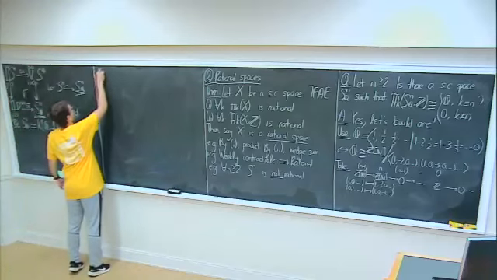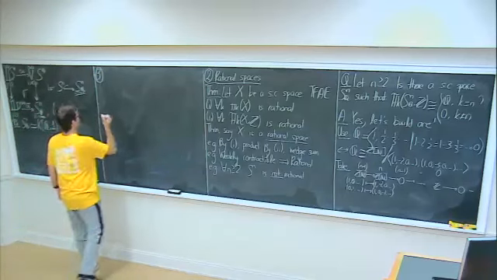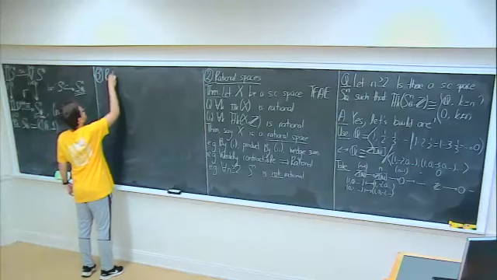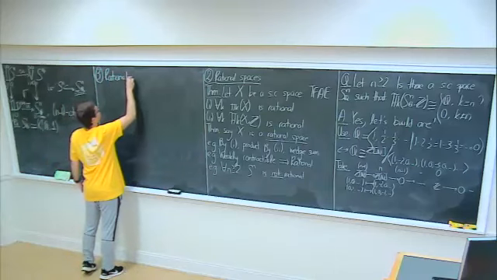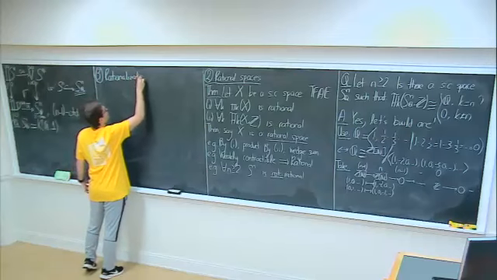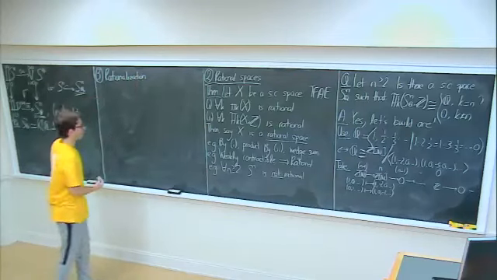So without further ado, section 3, rationalization of a space. We spoke about rational spaces, and now the only remaining bit to translate from the theory of groups is the rationalization part.